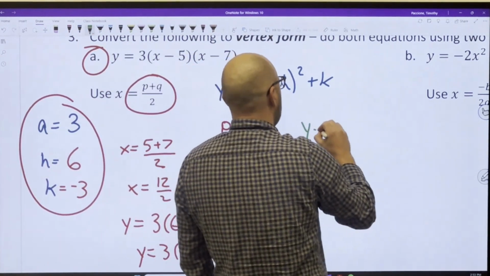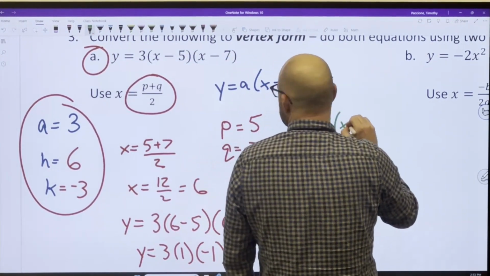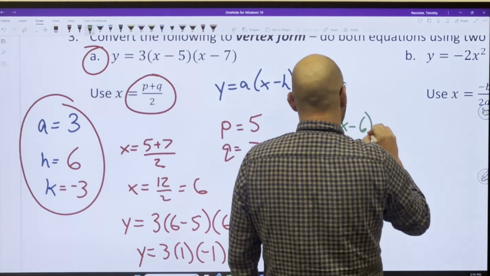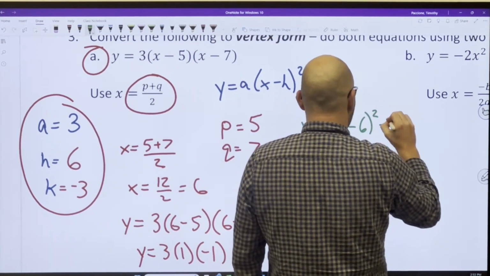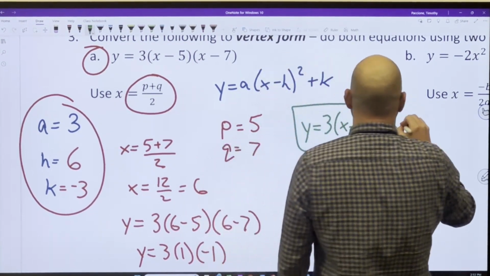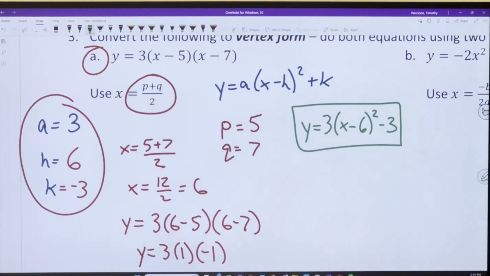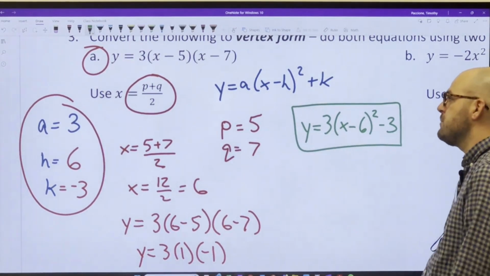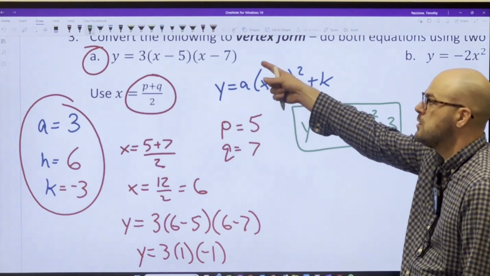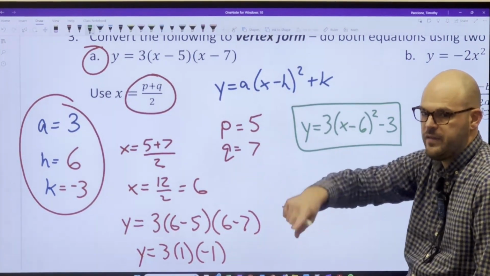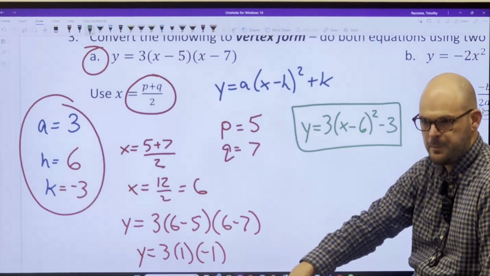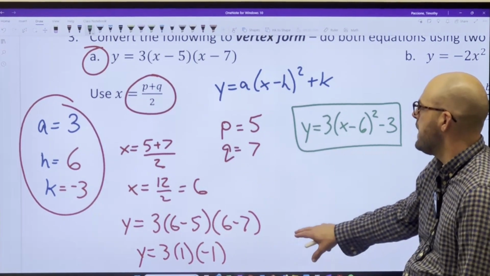So y equals 3 times (x minus 6) squared minus 3. So I've converted it to vertex form using p plus q divided by 2 and finding the pieces. Okay? That's always one option, right? The other option is to convert it to standard form and then complete the square. All right, so that's what we're going to do now.